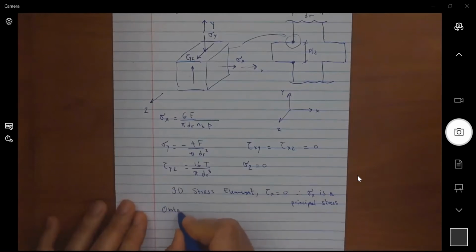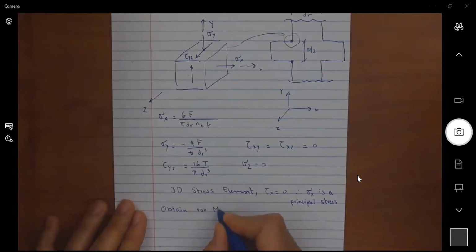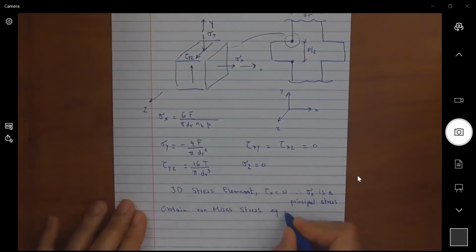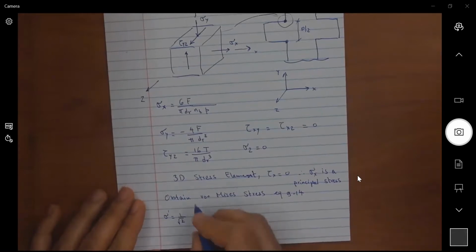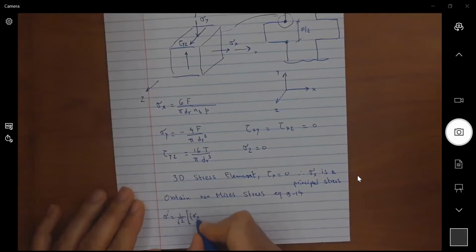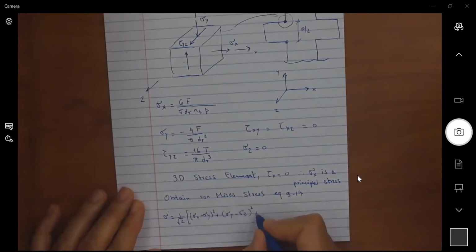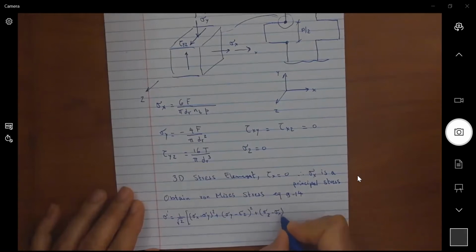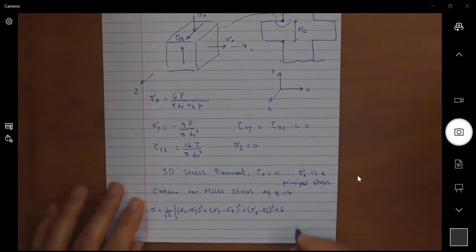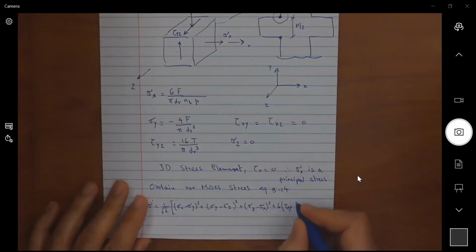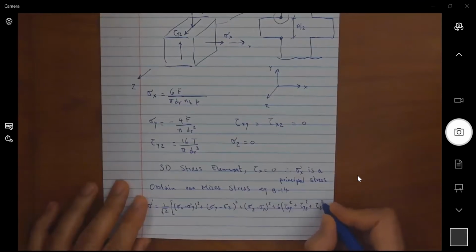So we can obtain the von Mises stress using one of the equations in chapter 5, equation 5-14, where sigma prime is equal to 1 over the square root of 2 multiplied by the square root of (sigma x minus sigma y) squared plus (sigma y minus sigma z) squared plus (sigma z minus sigma x) squared plus 6 multiplied by (tau xy squared plus tau yz squared plus tau zx squared). This is equation 5-14.